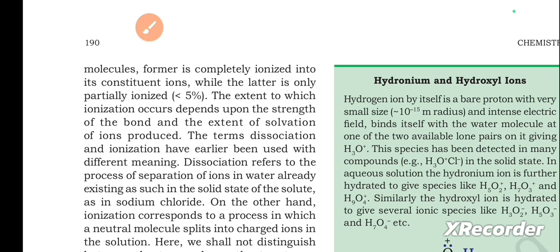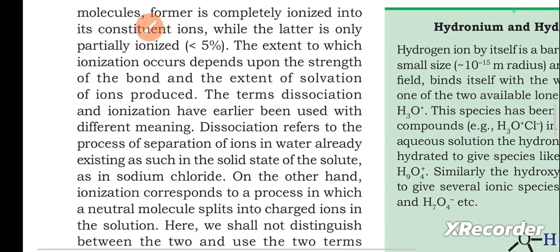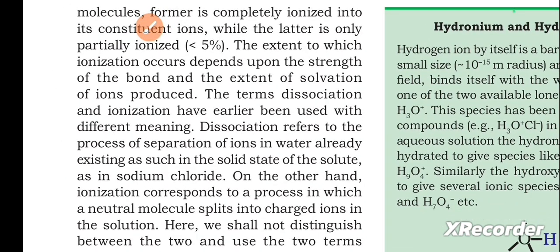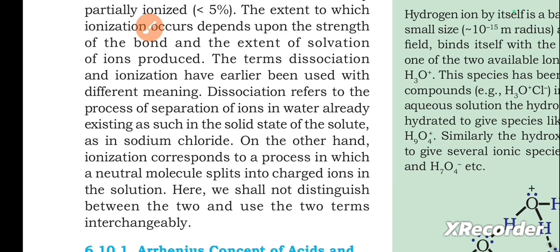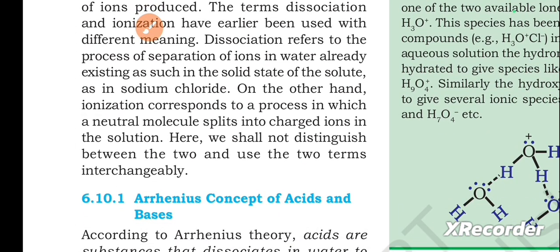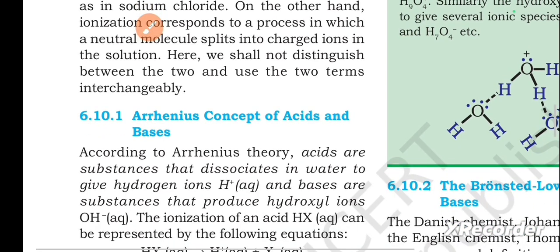The terms dissociation and ionization have earlier been used with different meanings. Dissociation refers to the process of separation of ions in water already existing as such in the solid state of the solute, as in sodium chloride. On the other hand, ionization corresponds to a process in which a neutral molecule splits into charged ions in the solution. Here we shall not distinguish between the two and use the two terms interchangeably.